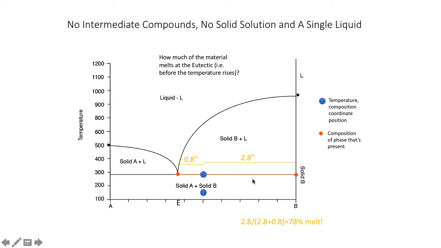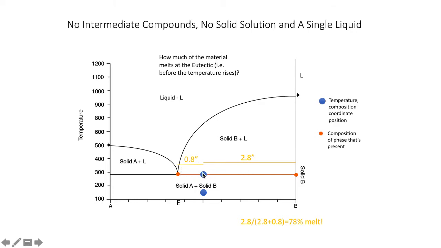So you might ask, okay, what disappeared to make that melt? Because the melt is richer in this component A than our overall composition, more of this A stuff must have disappeared. Actually, all of it disappeared, right?